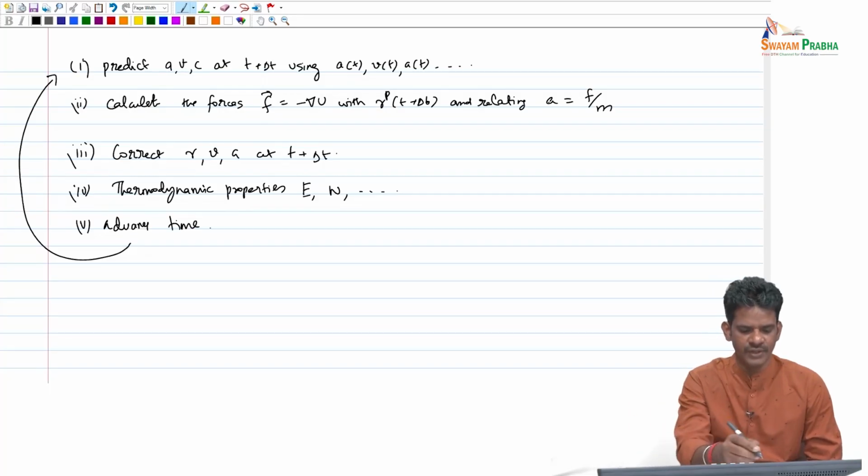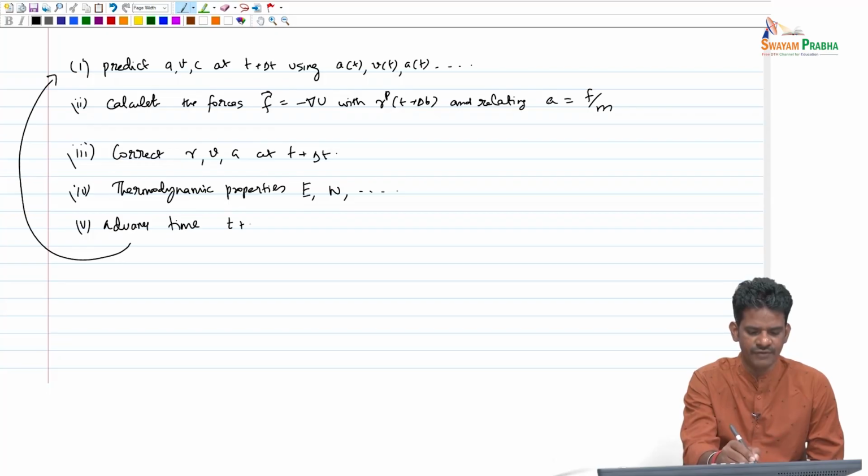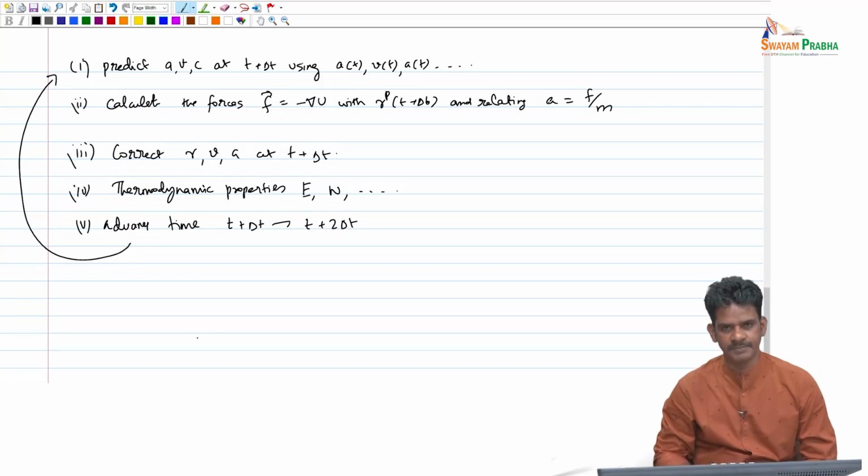When you advance the time here, it goes from t plus delta t to t plus 2 delta t, and we just repeat this entire loop. And this is how you generate particle positions and velocities as a function of time.